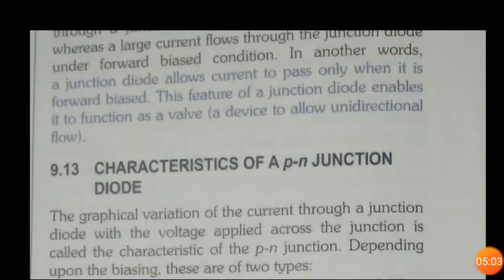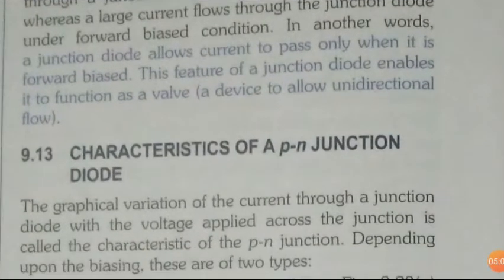Then you can read one important line here. A junction diode allows current to pass only when it is forward biased. This feature of a junction diode enables it to function as a valve. Valve means a device that allows unidirectional flow. We have seen that when forward biasing was there, we were getting a sufficient amount of current because of majority charge carriers.